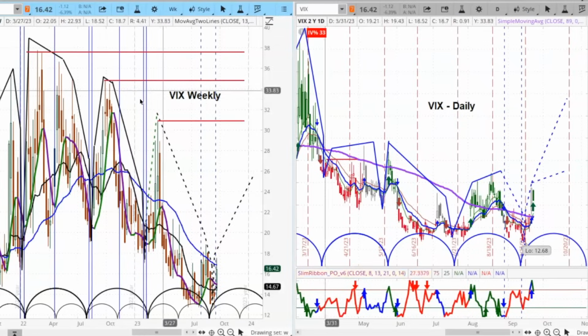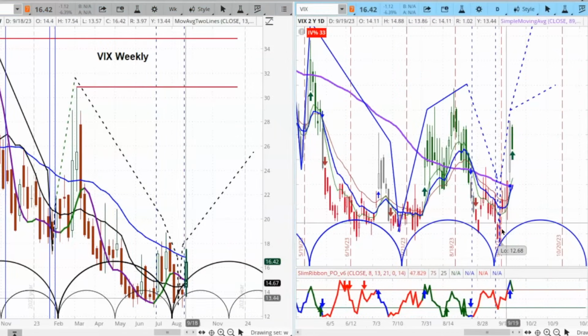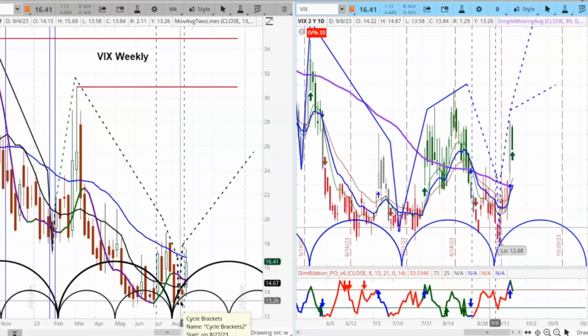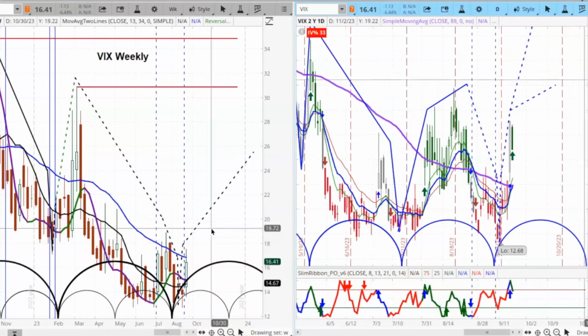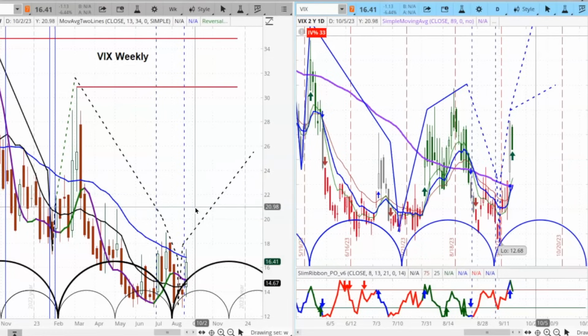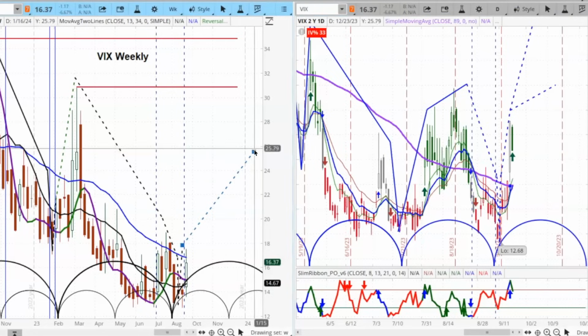I'll show you both of those charts side by side right here, and you can see that both of those lows came on the same timing, and that is what happens when the market begins to top and set up for a significant decline. I would not be a bit surprised to see mid-20s in implied volatilities out here into that October period. Actually, this could actually be drawn much steeper.